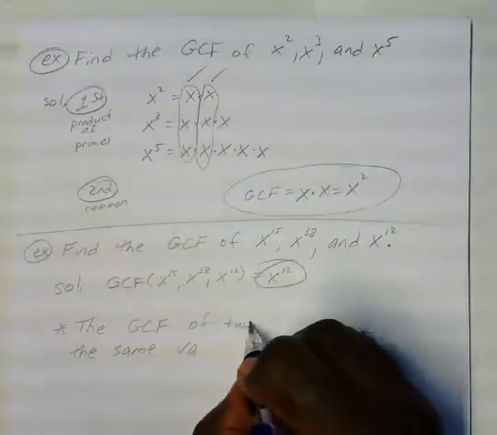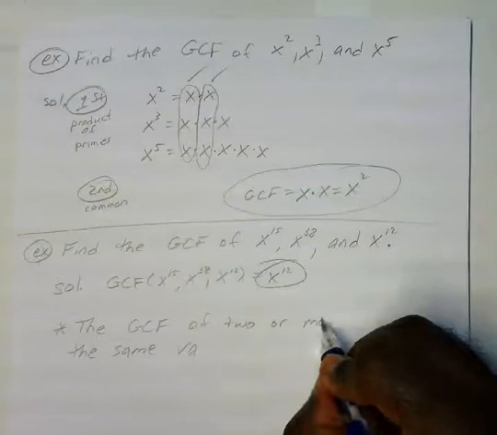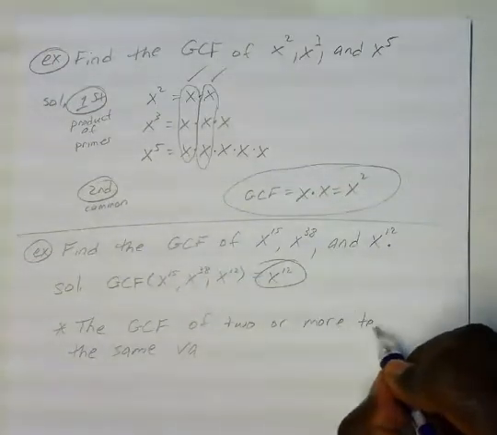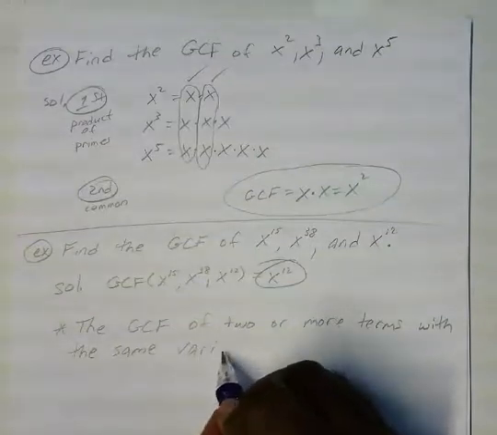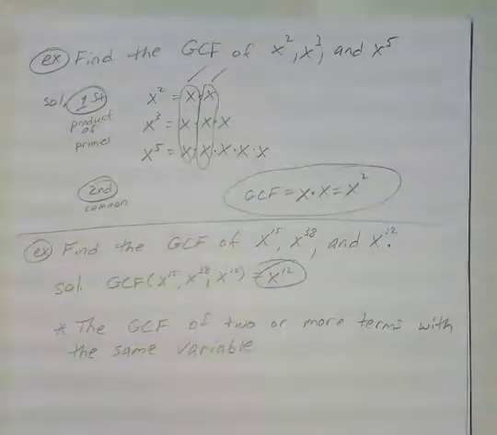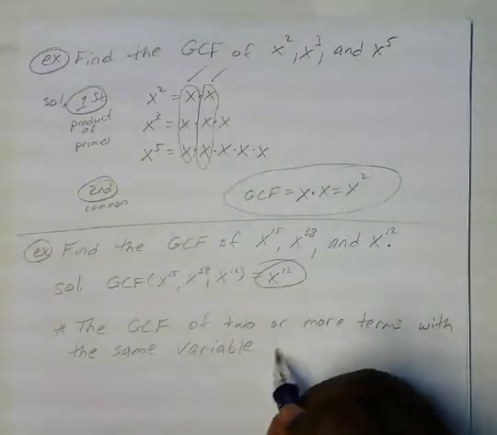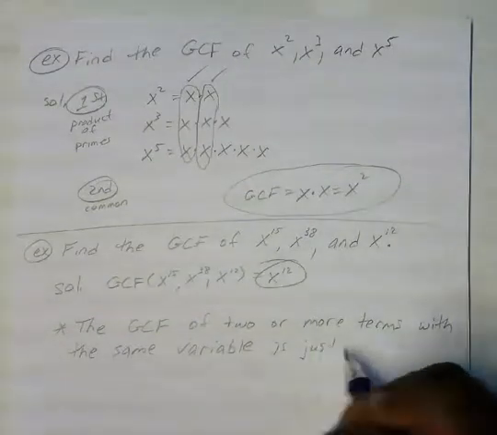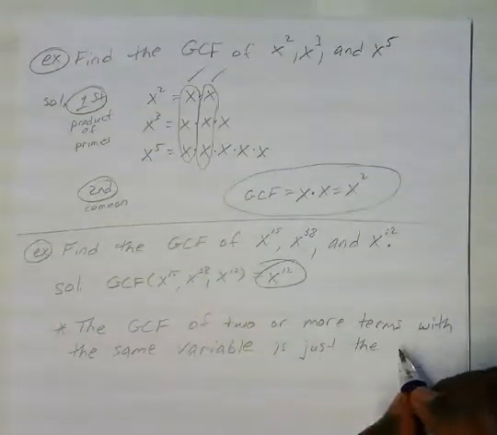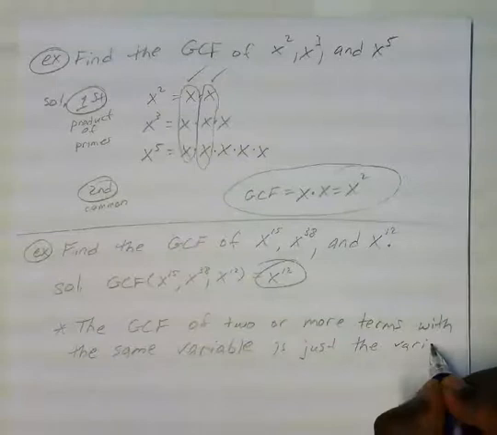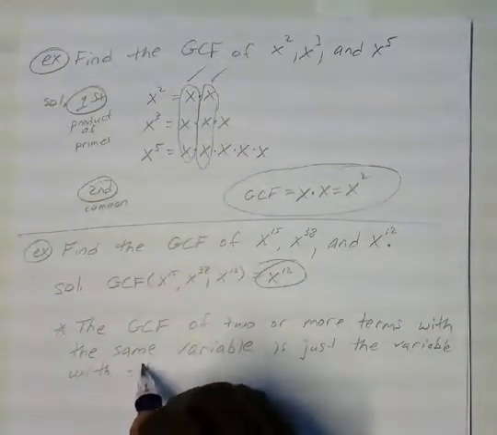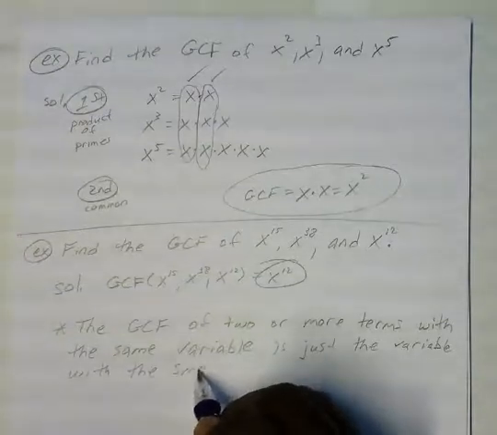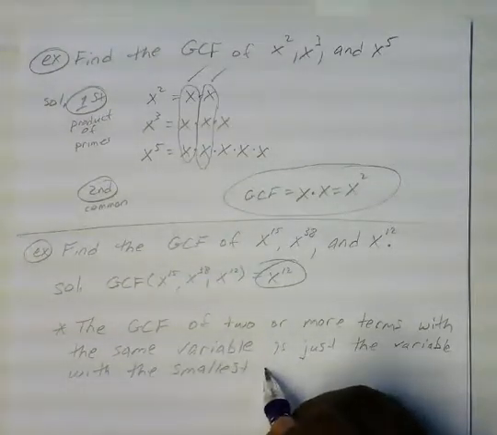Of 2 or more terms with the same variable, is just the variable with the smallest exponent.